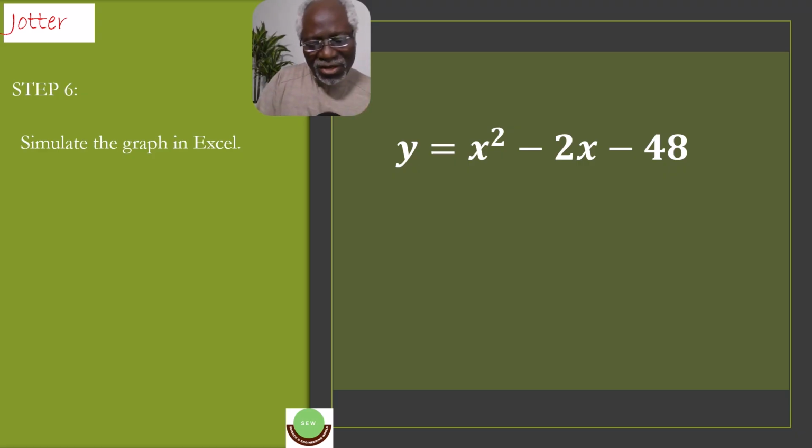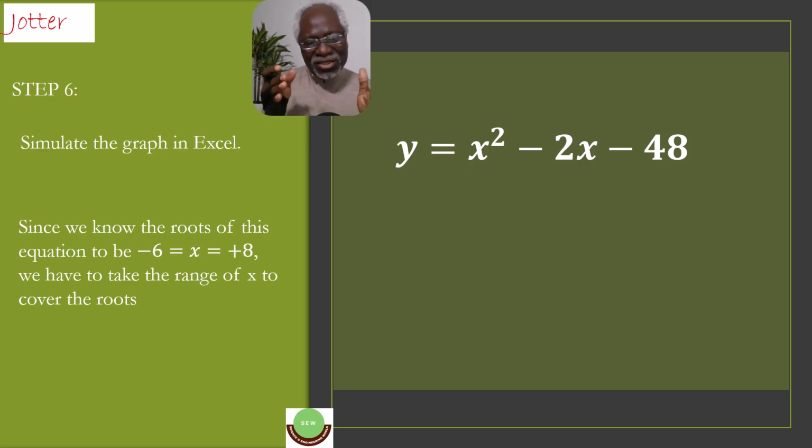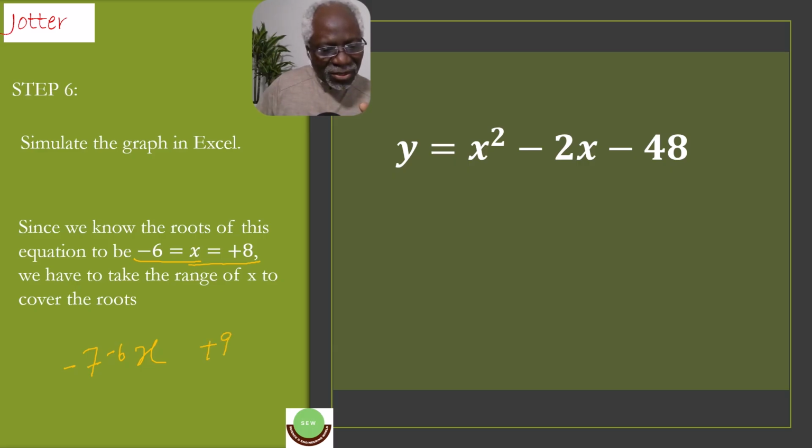Now, we have seen that the roots of this equation are minus 6 and plus 8. The range of x should cover these two. So in this case, we can move from the left hand side, we can do minus 7, that will cover minus 6, and then we can do plus 9, that will cover plus 8.